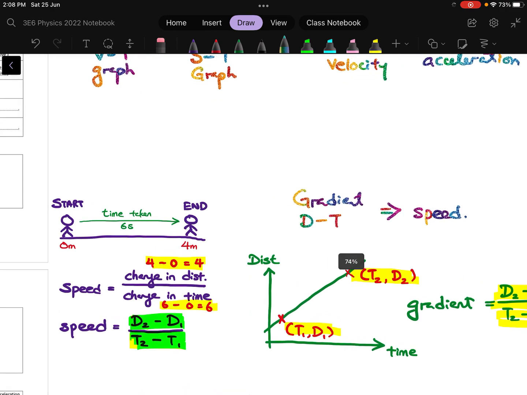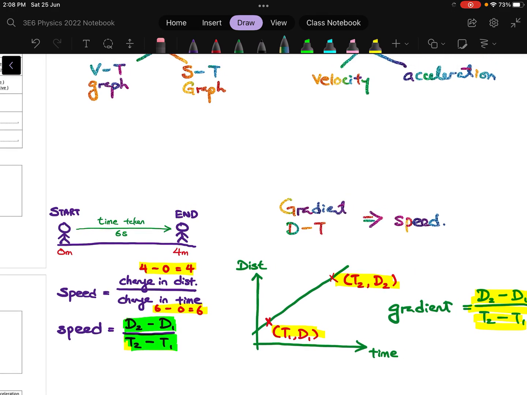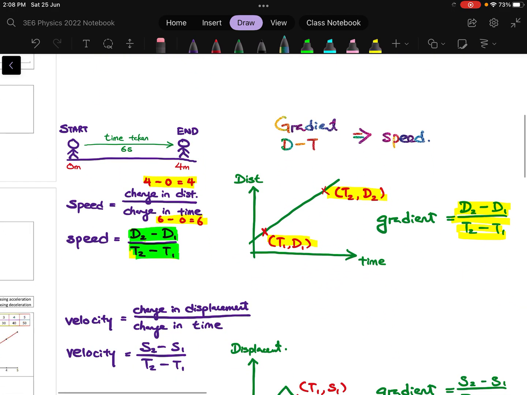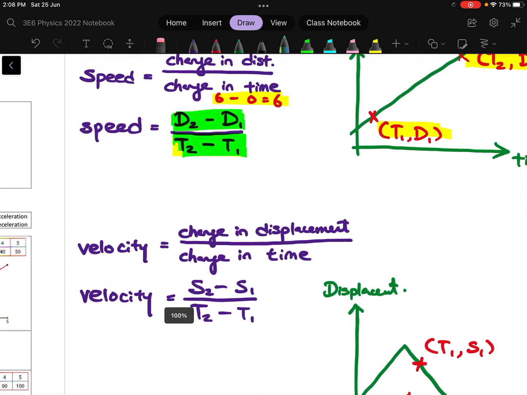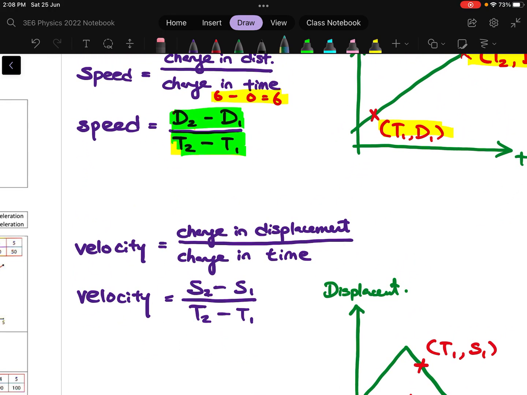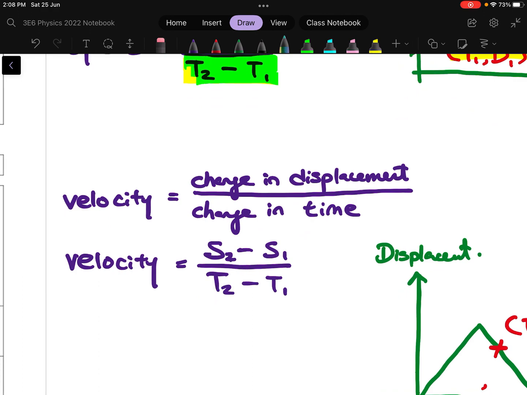So if we extend this understanding to vectors, so instead of measuring speed, now I want to measure velocity. Because velocity is a vector, distance now will have to be changed to displacement. So if I do the same thing, you will see that S, by the way, remember this S here is representing displacement.